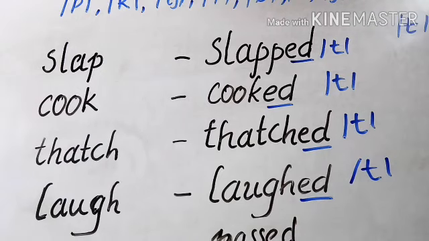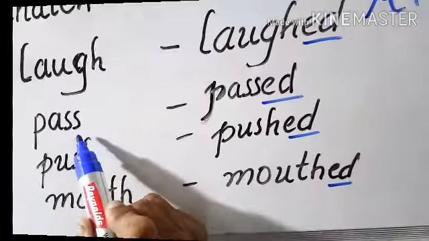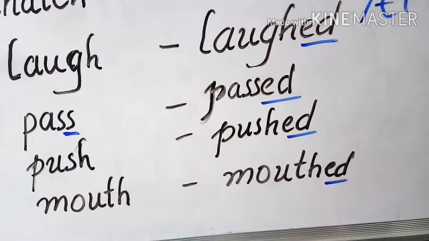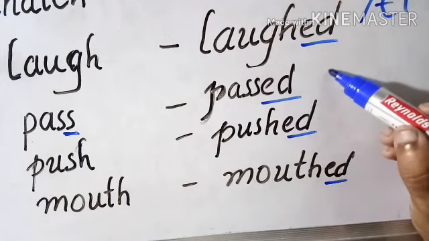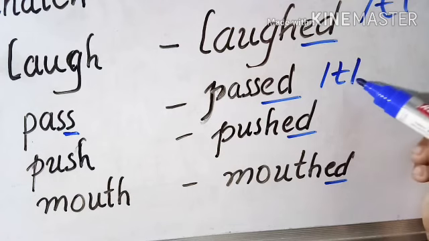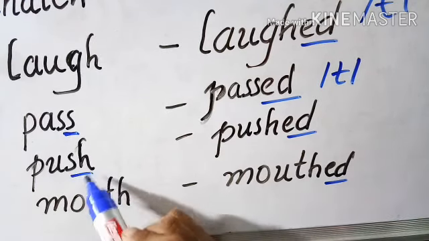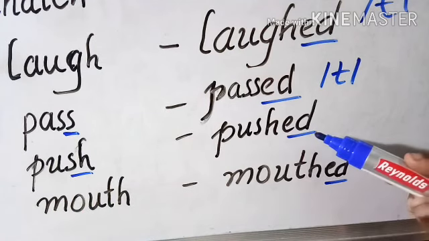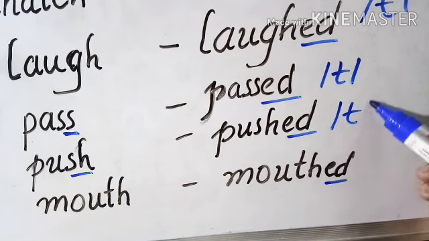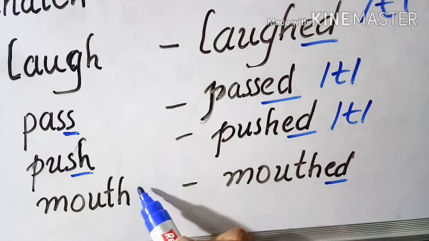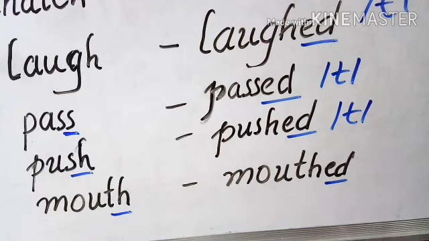He laughed at me. This is how we have to pass s, ed, passed, not passed. Push, sh, p-u-s-h-e-d, pushed, t, not pushed. Mouth, th, this is mouthed, not mouthed.